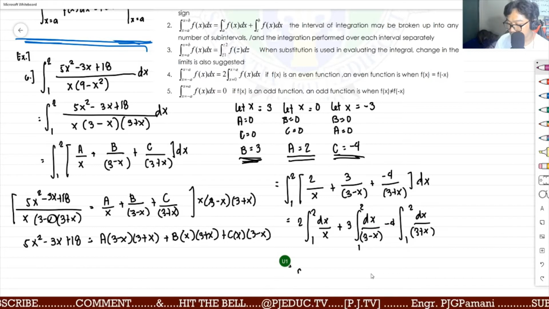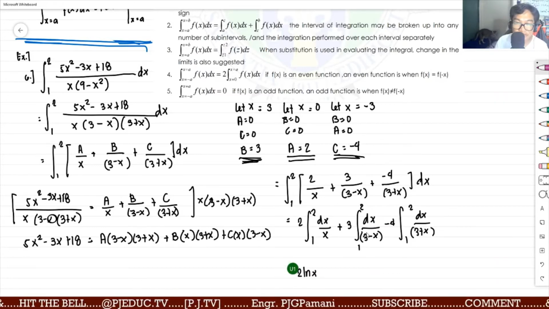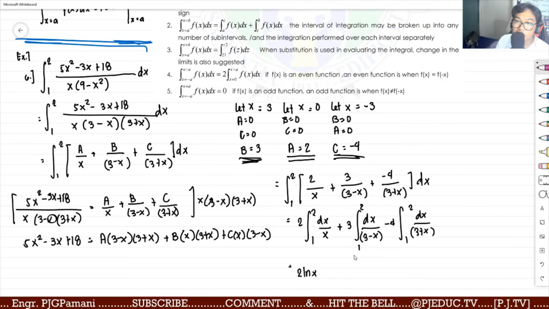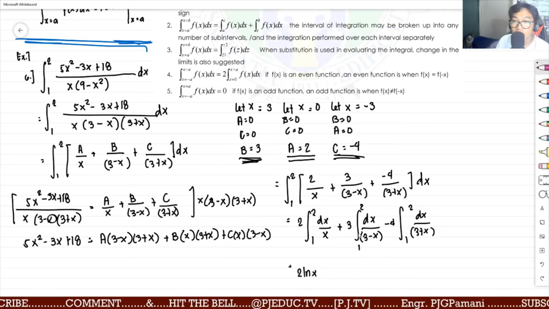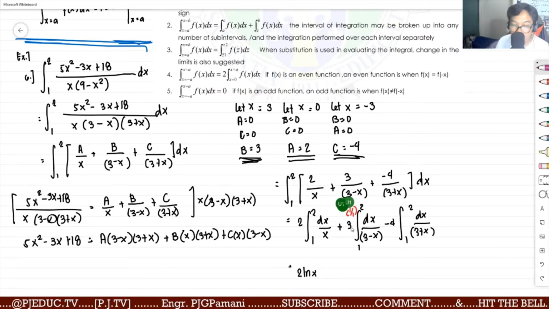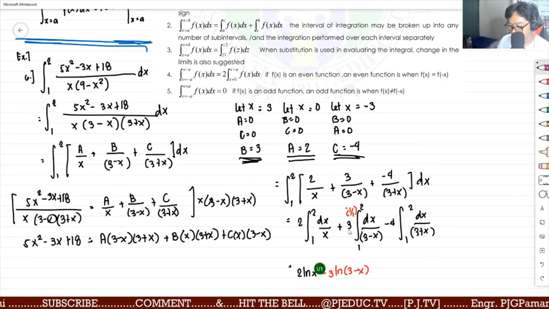That is 2 ln x. Paano yung nasa gitna? Differential of 3 minus x will give us negative dx. So mag-introduce tayo ng correcting factor of negative 1 over 1, times 3, that is negative 3 ln of 3 minus x.